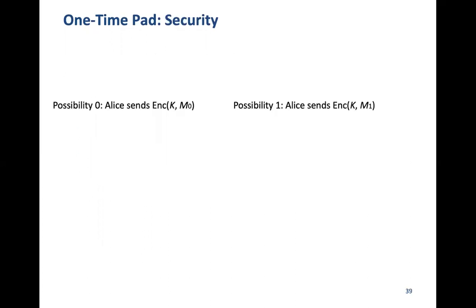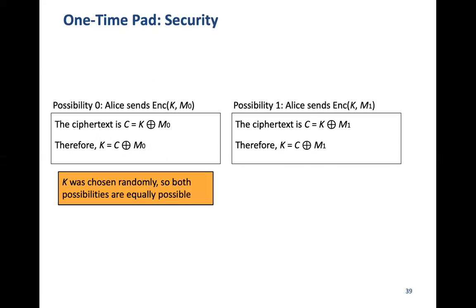So now we can say this is also confidential because it's only K that's important, and that value of K Eve in between cannot find out.